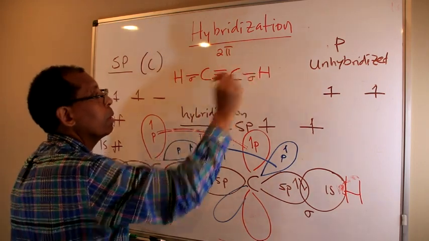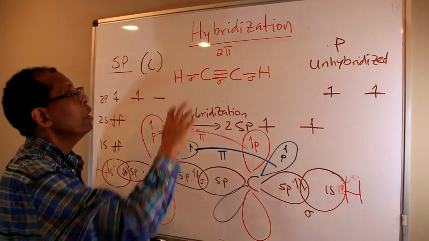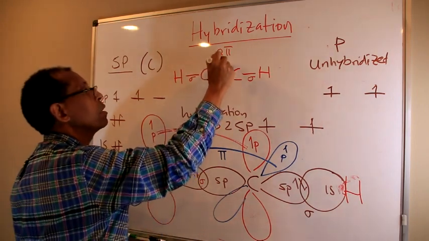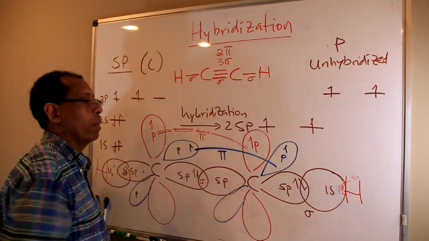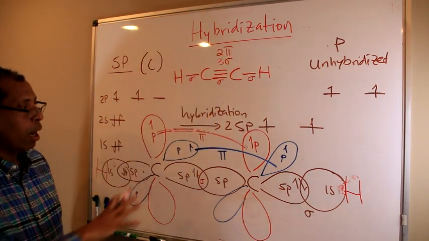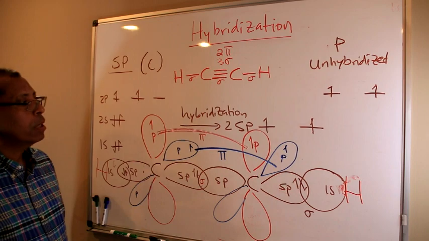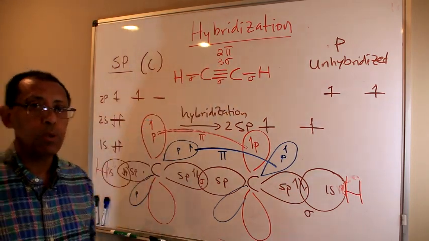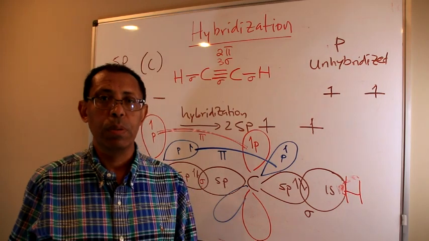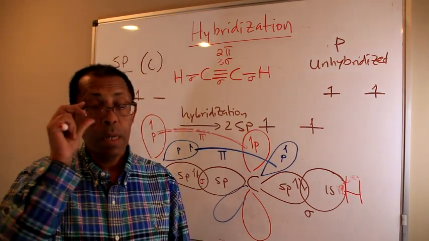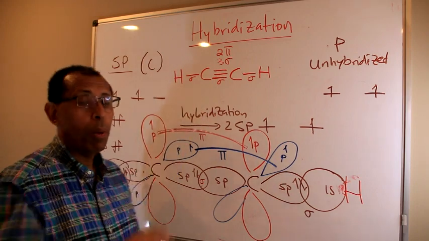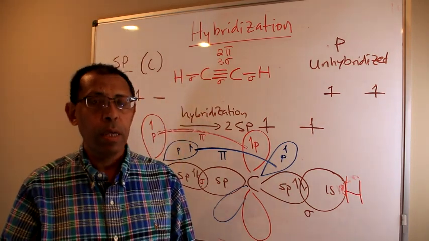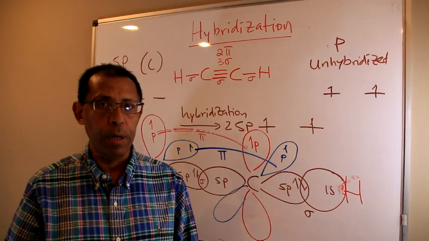So this molecule, acetylene, would have 3 sigma bonds and 2 pi bonds. So this is how sp hybrid orbitals make up a triple bond. sp2 makes a pi bond, which is a double bond. sp also makes 2 pi bonds and 1 sigma bond to make a triple bond.